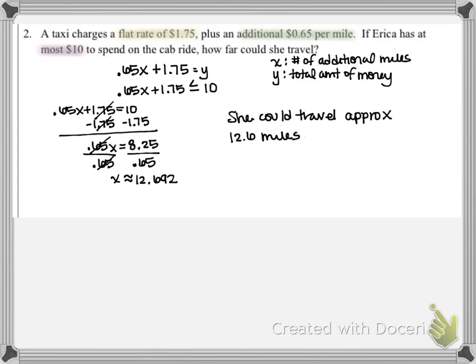And then I go back up here. Let's get rid of these additional miles as well. So it's worded a tiny bit differently than the previous question. Okay. All right, so approximately 12.6 miles.